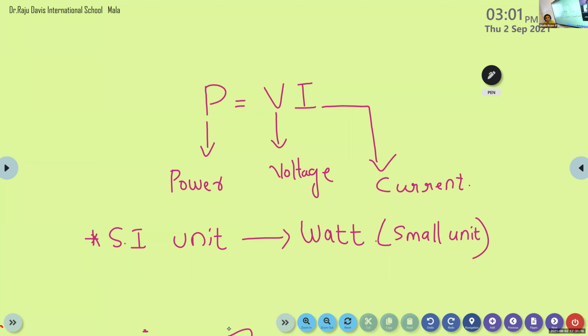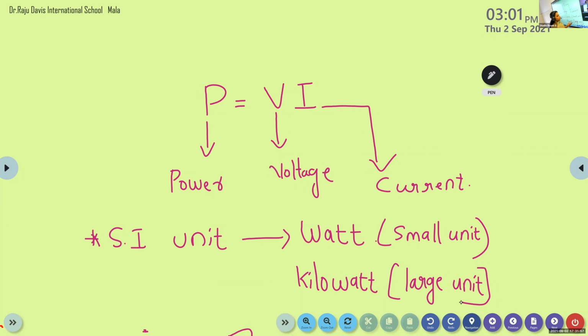So in actual practice, we describe the electric power in terms of a large unit. The large unit of power is kilowatt. The SI unit of electric power is watt, but it is a small unit, so in actual practice we use a large unit to measure the electric power, known as kilowatt.